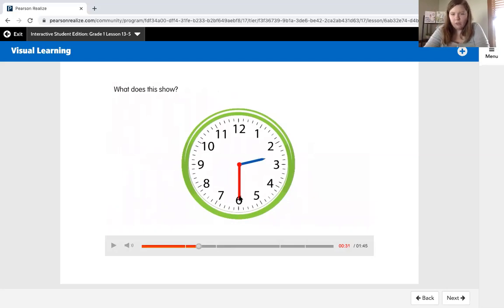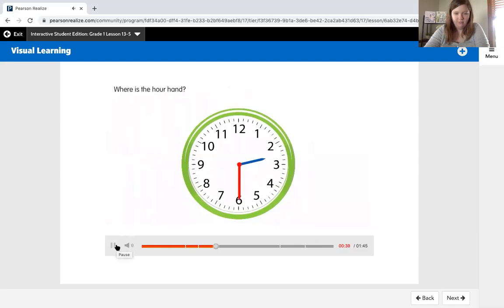And all of our minute hands yesterday were pointing at the 12, and today it's pointing at the 6. 12 meant o'clock, so I wonder what it'll mean when it's on the 6. What do you think it means? You can say it is 30 minutes or half past the hour.